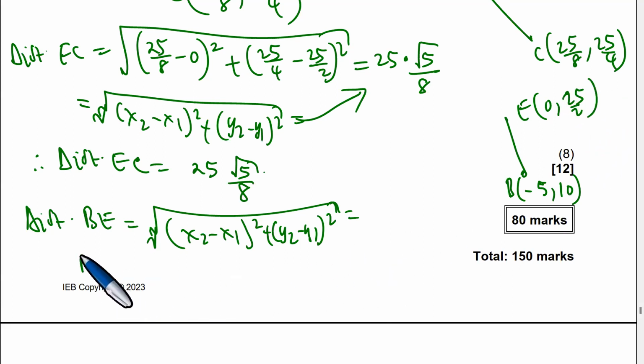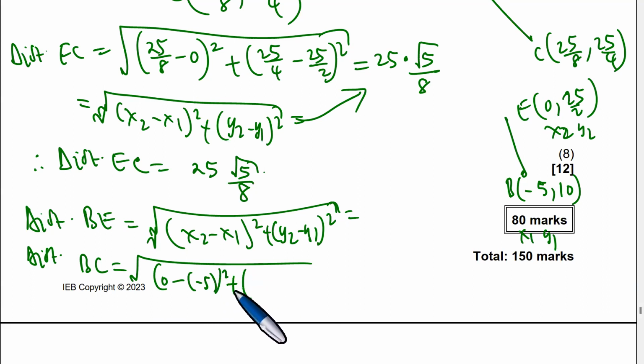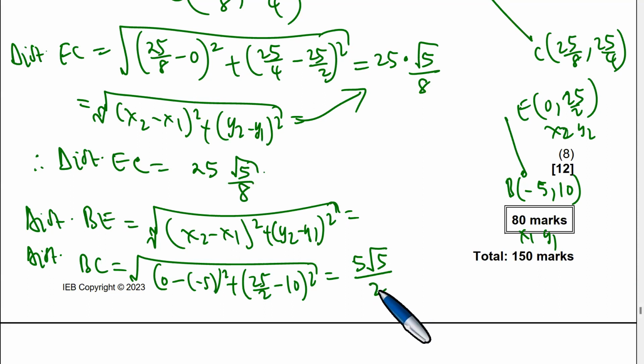So if you want to find BE here, this is x1, y1, this is x2, y2. So the distance here is going to become 5 times the square root of 5 out of 2.